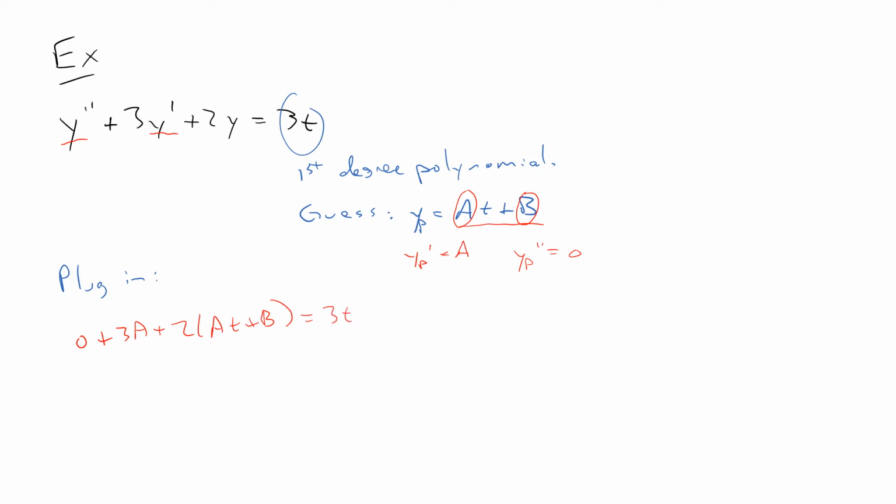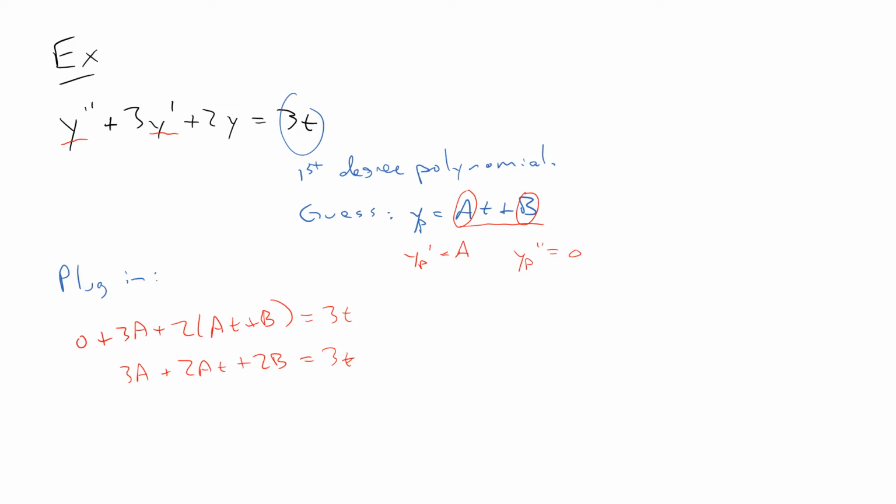After some simplifying, we have 3a plus 2at plus 2b equals 3t. And when I get to this point, let me gather my terms together.